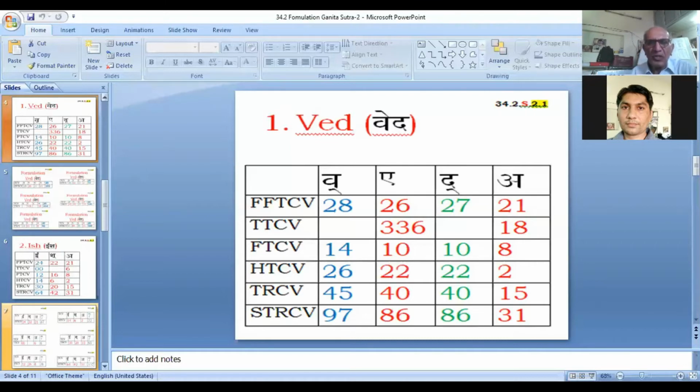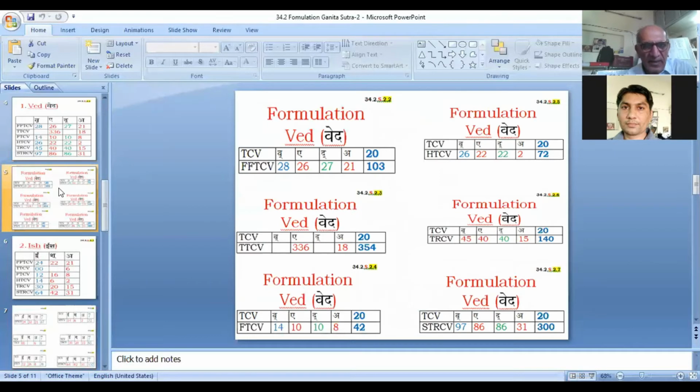Therefore, the reach for the six inner folds for the quadruple letters of formulation Ved come to be as are being tabulated here. However, to have a proper appreciation and the distinctive values for each fold, we have to approach them sequentially.